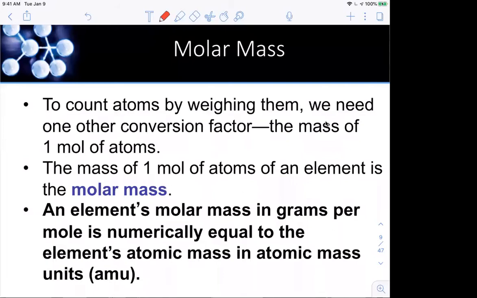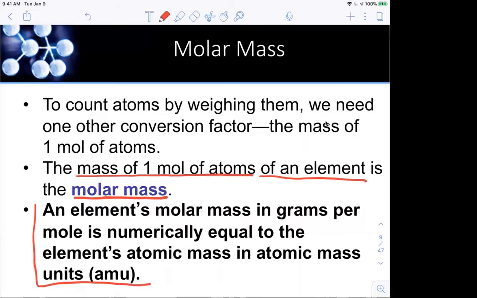I have to be able to factor the mole quantity into a way that I can use this chemical in the lab by using the measuring devices that are available in a lab. So I need to be able to mass a mole quantity of atoms. So I'm going to use something called the molar mass. This is the mass of 1 mole of atoms of a particular element.